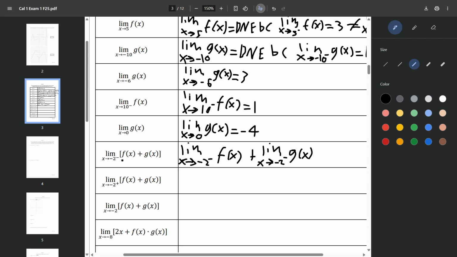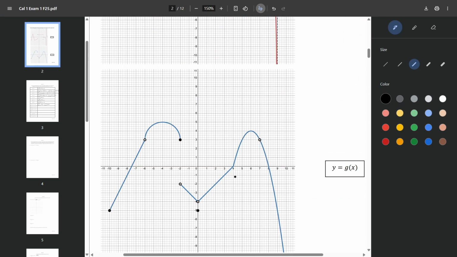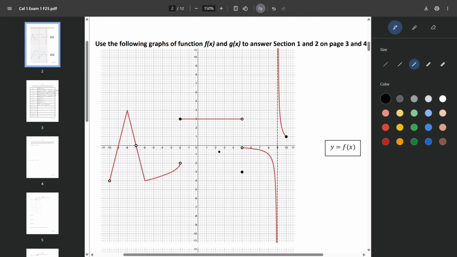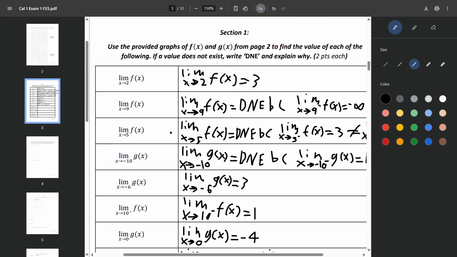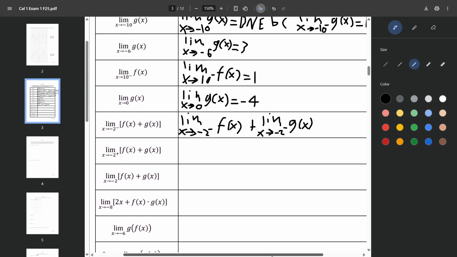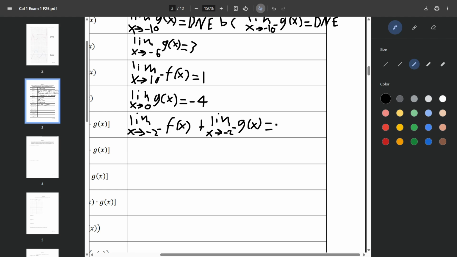And so we will go to our graphs. So limit of x approaching -2 from the left for f of x equals -2. And so, in order to make this a bit easier, we're going to put this as an equals and put -2 for our f of x here.